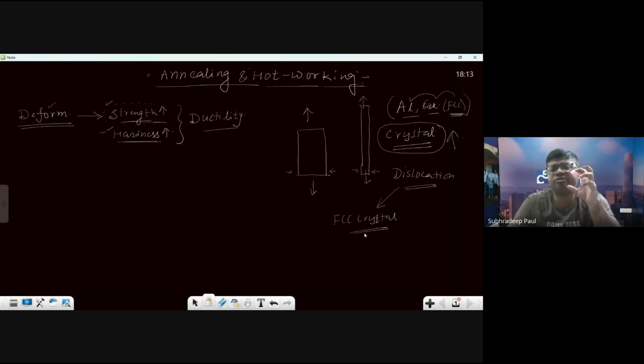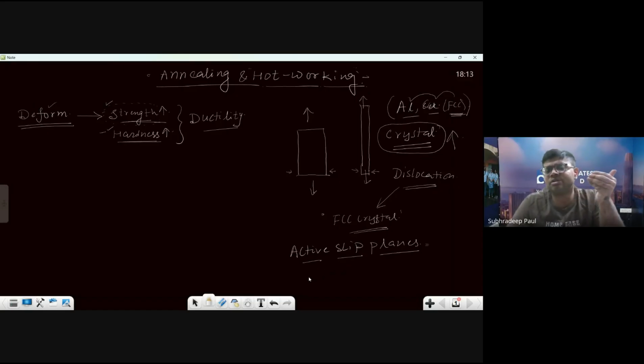FCC crystals have many active slip planes, and basically FCC has 12 slip systems, we know that. As the slip planes are very active, slip is very common. So the dislocations can move very easily in FCC crystals.